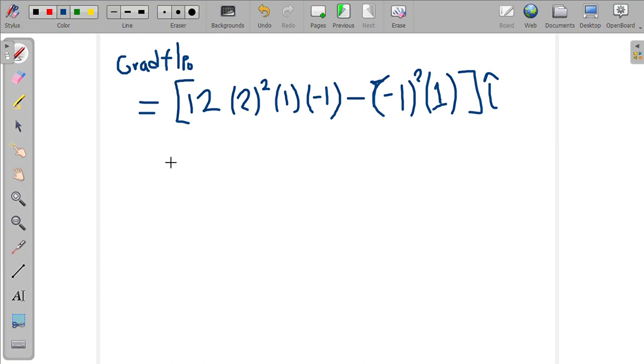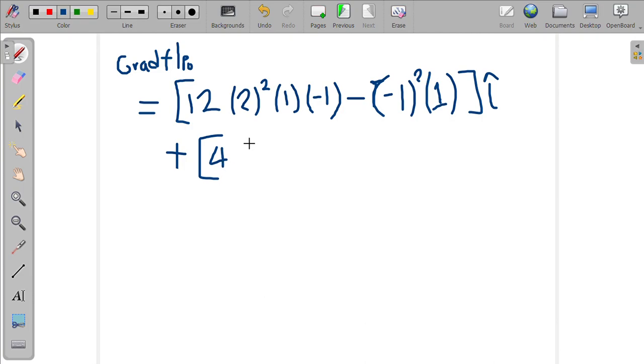We come and write plus, and substitute. We open the square bracket to substitute the next one here, and that one is going to be 4.